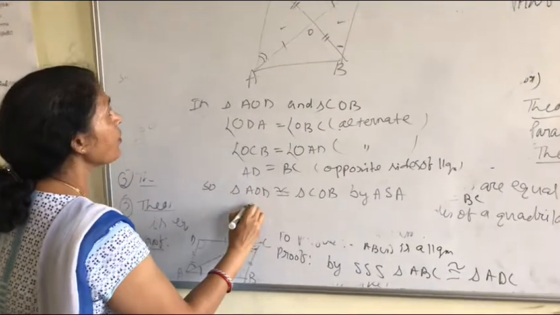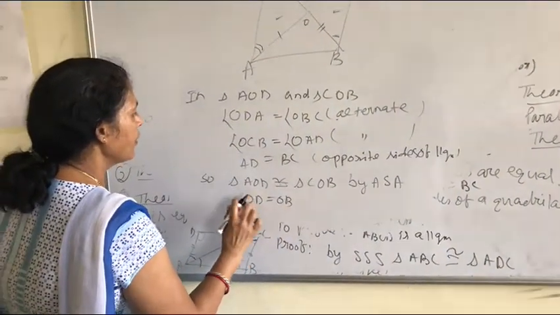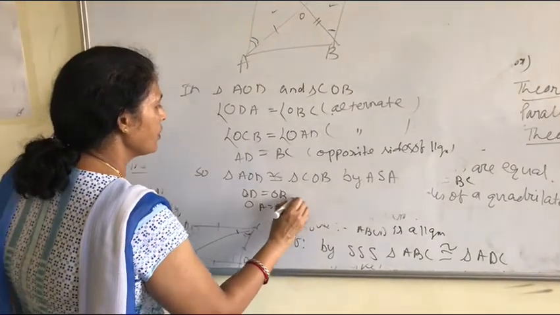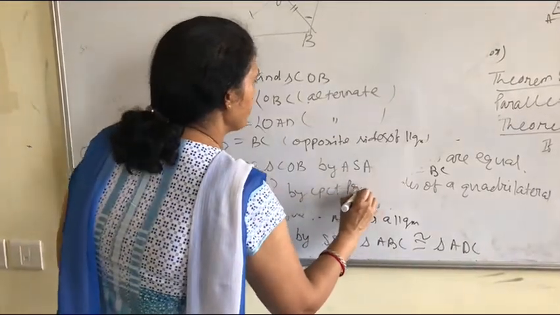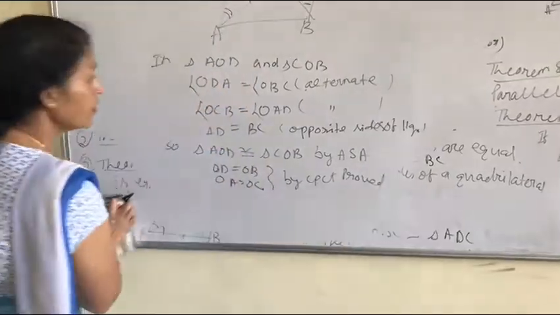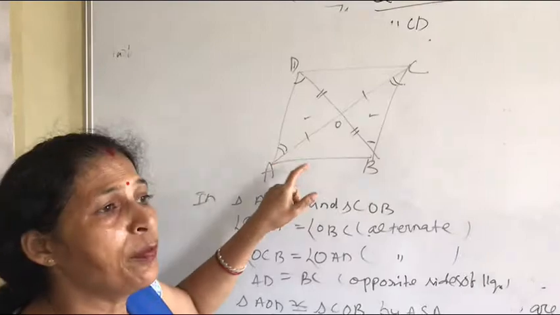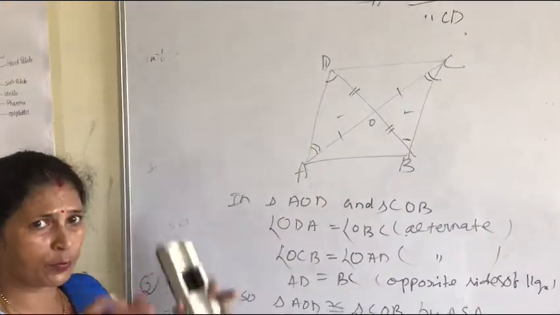Then by CPCT, OD is equal to OB and OA is equal to OC. By CPCT, proved. Clear? First you take what is given, you write properly. I explain like that, but you write properly, okay?